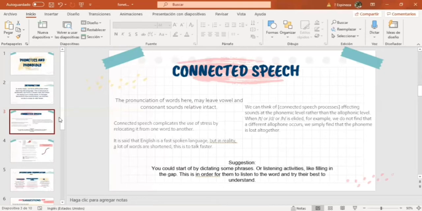And the suggestion for connected speech is you could start off by dictating some phrases or listening activities, like filling in the gap. This is in order for them to listen to the word and try their best to understand.